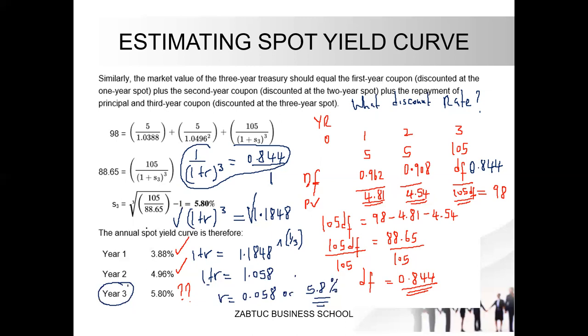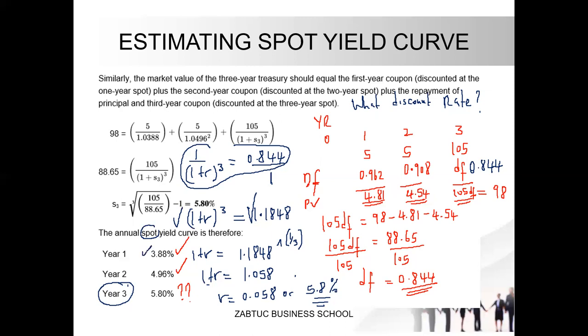Now there's the issue of spot yield here. Can somebody interpret this, like 3.88? What's the meaning of 3.88? What's the meaning of 4.96 and 5.8? If you borrow an amount payable 1 year from now in a lump sum, this is the interest rate that will be charged.